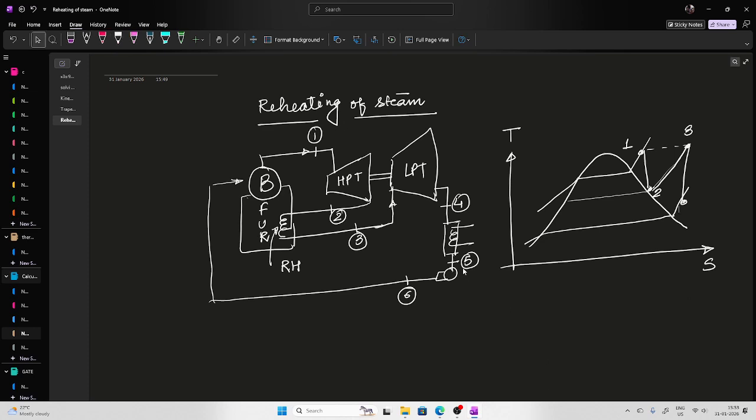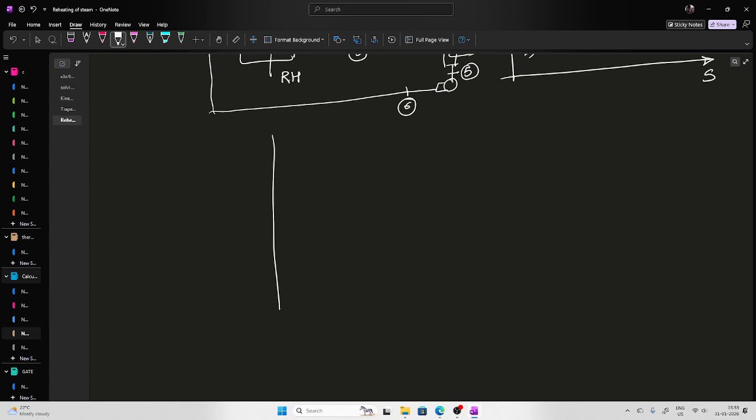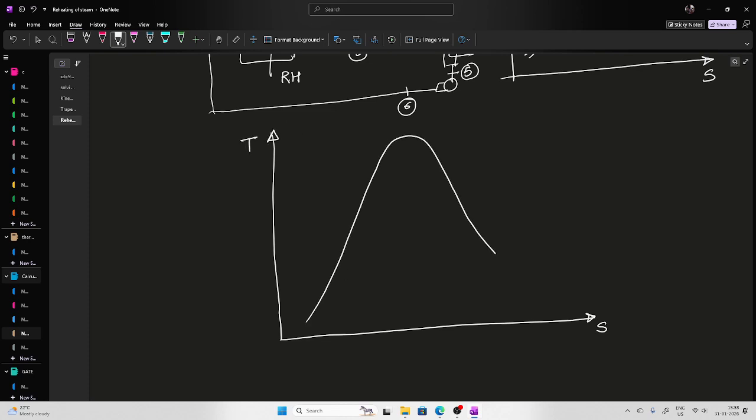So let me try to draw the perfect diagram for it, at least try. So this is state number 1, expanded to, let's say, this point, and then this is that pressure.